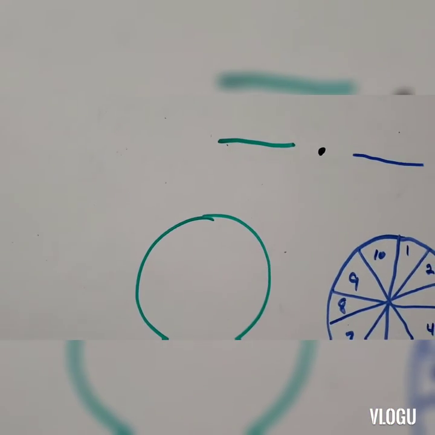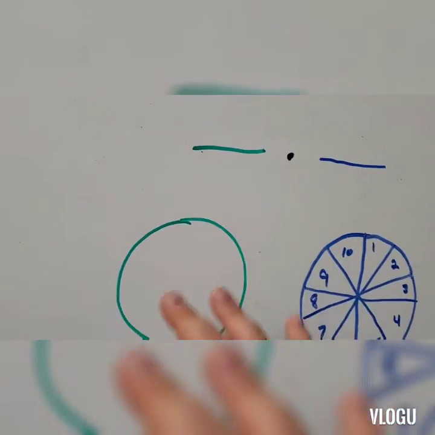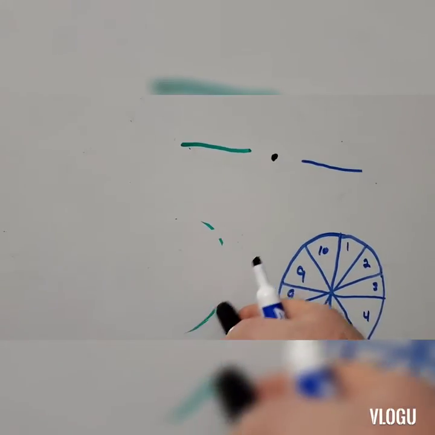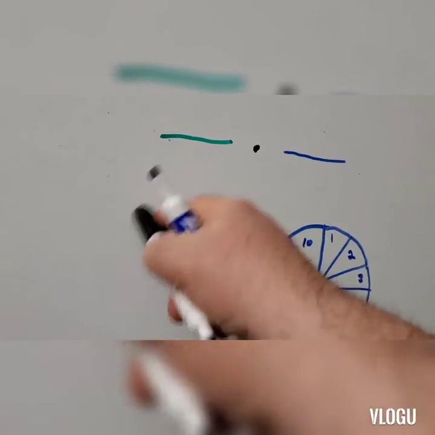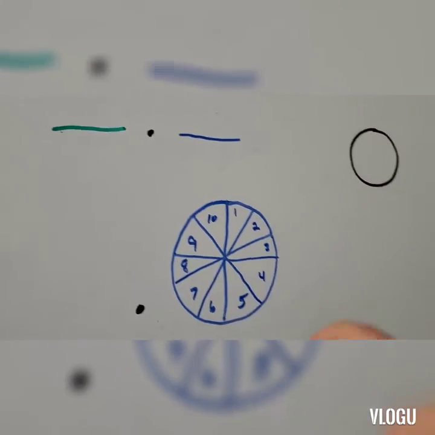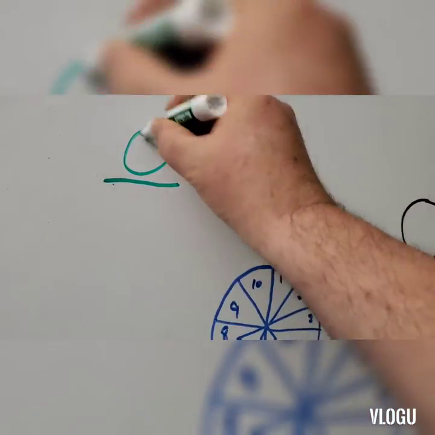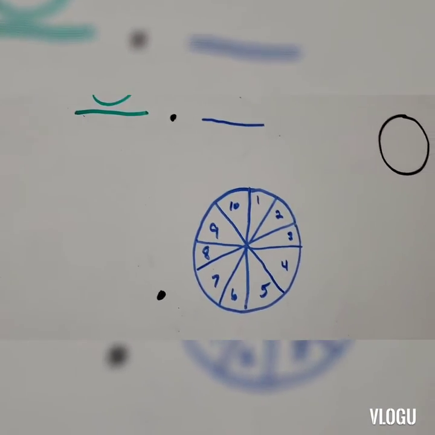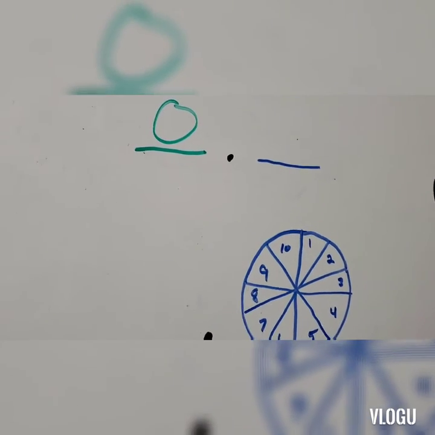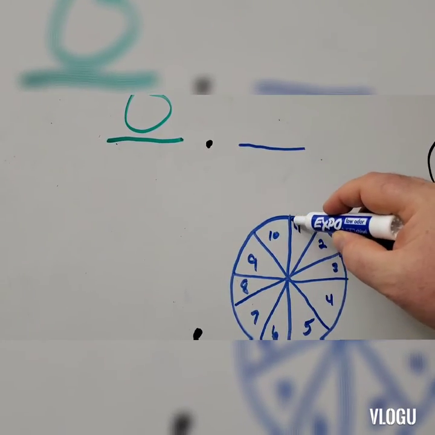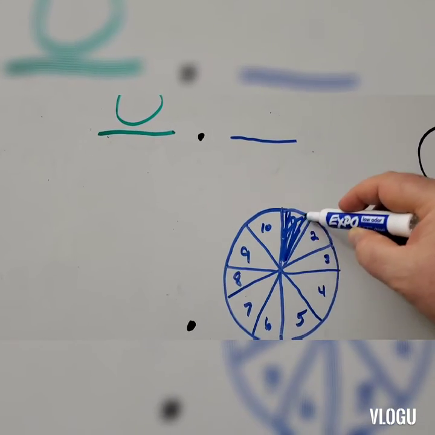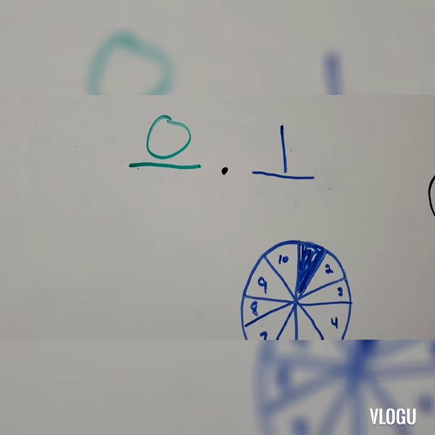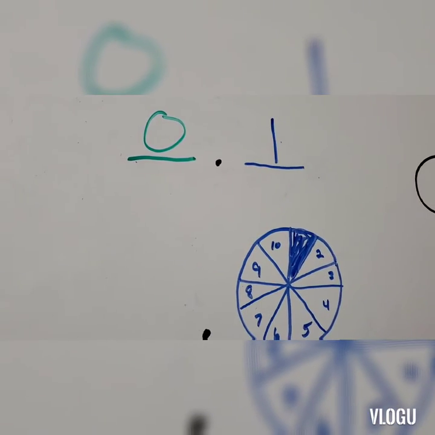So right now, let's say I don't have any wholes. If I have no wholes, my unit could be represented as a 0. But if I have 1 out of 10 pieces, it means I have 1/10.